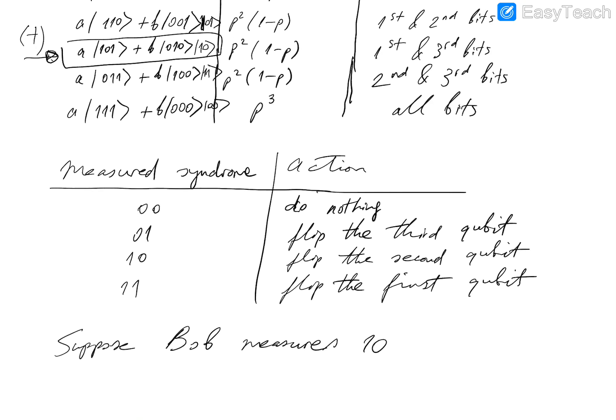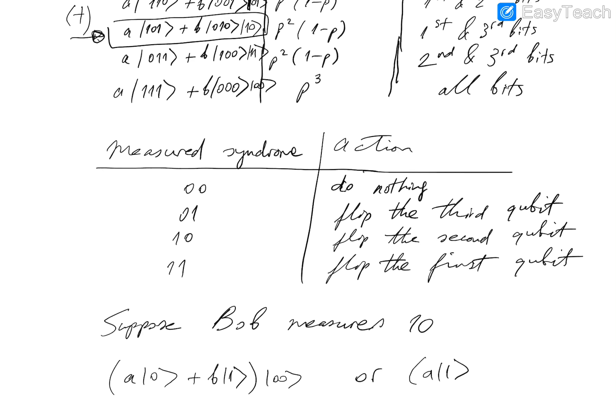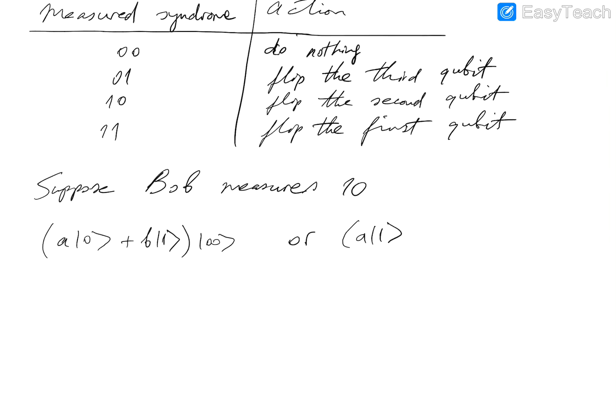And if he applies the decoding operation, the final state that Bob receives is either going to be (a|0> + b|1>)|00>, or, if he receives dagger, after applying the decoding operation he will get (a|1> + b|0>)|00>.